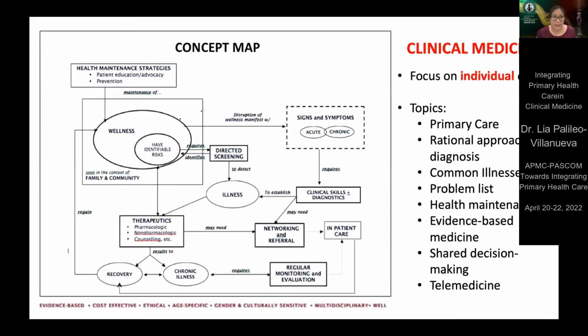So the design of the course was guided by this concept map, where we see an individual, and in our case, adults, who are presumably initially well. Some of them might have identifiable risks. And so we would need to identify those who might have early disease or who are at risk for various conditions through directed screening.